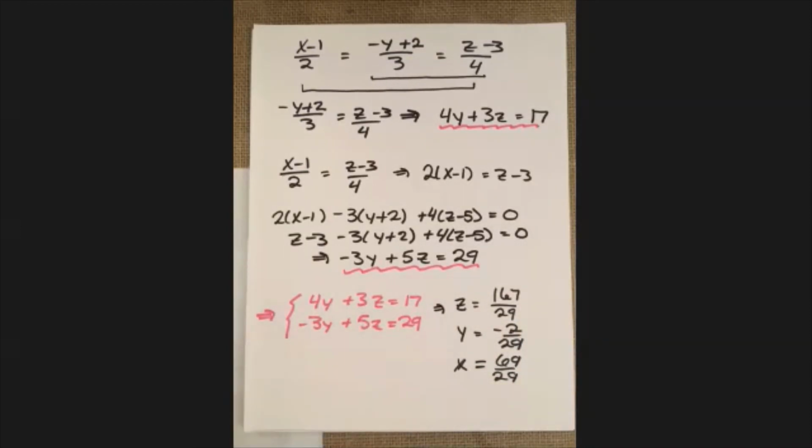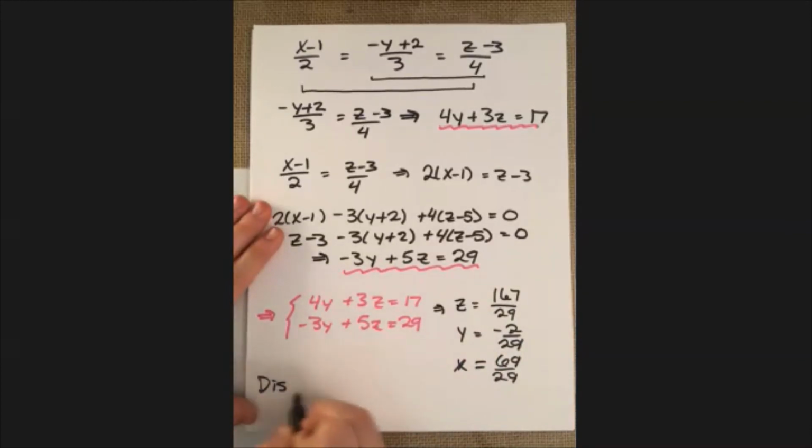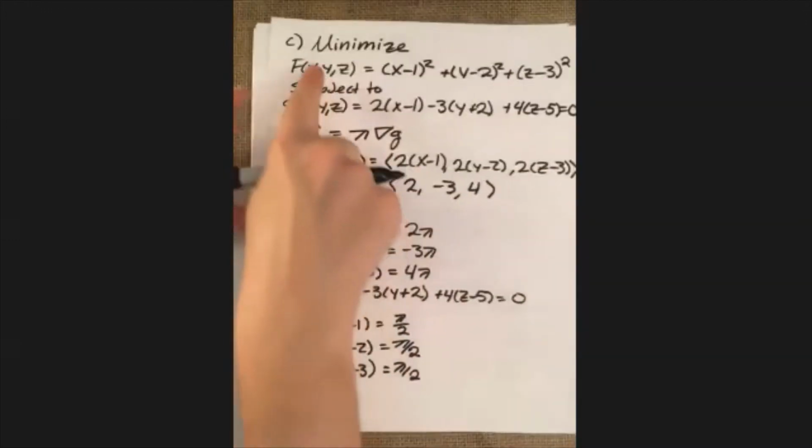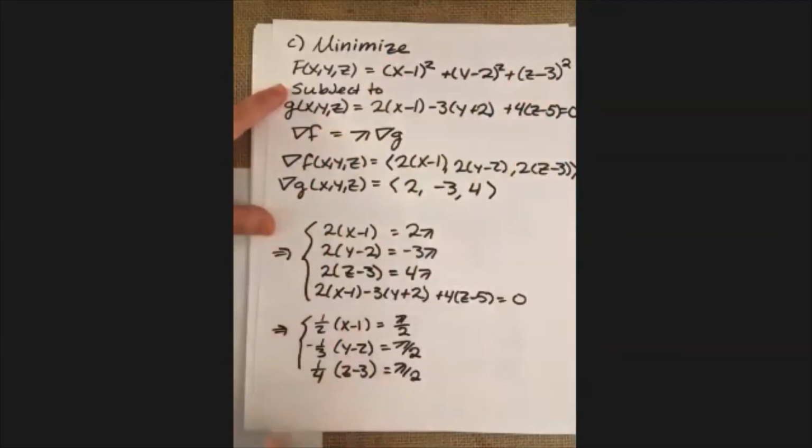Okay, so this is our point, right? That's the actual point on the plane that is closest. However, we still have to figure out what the distance is. And remember that the distance, if we look back at what we started with, we were actually minimizing the distance squared. Normally there would be a square root sign on here.